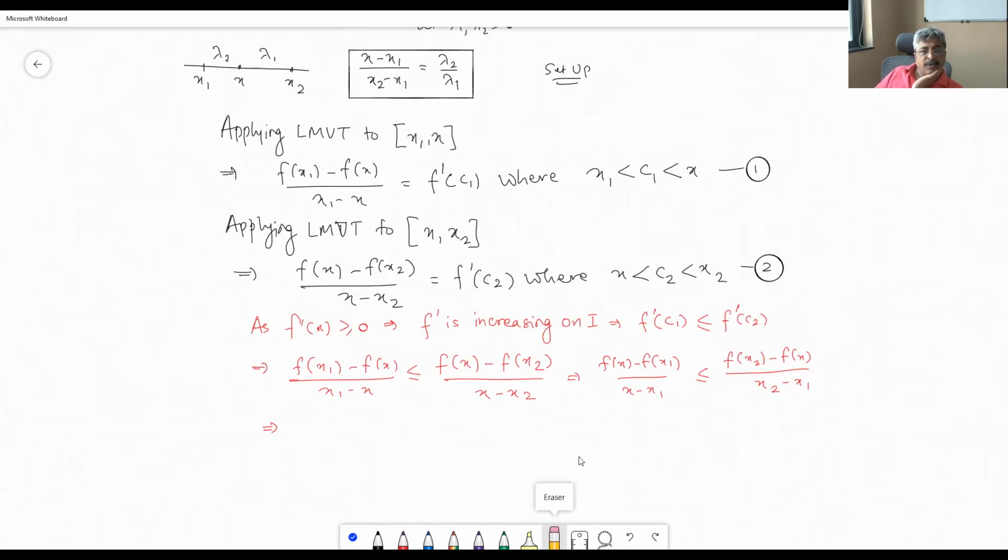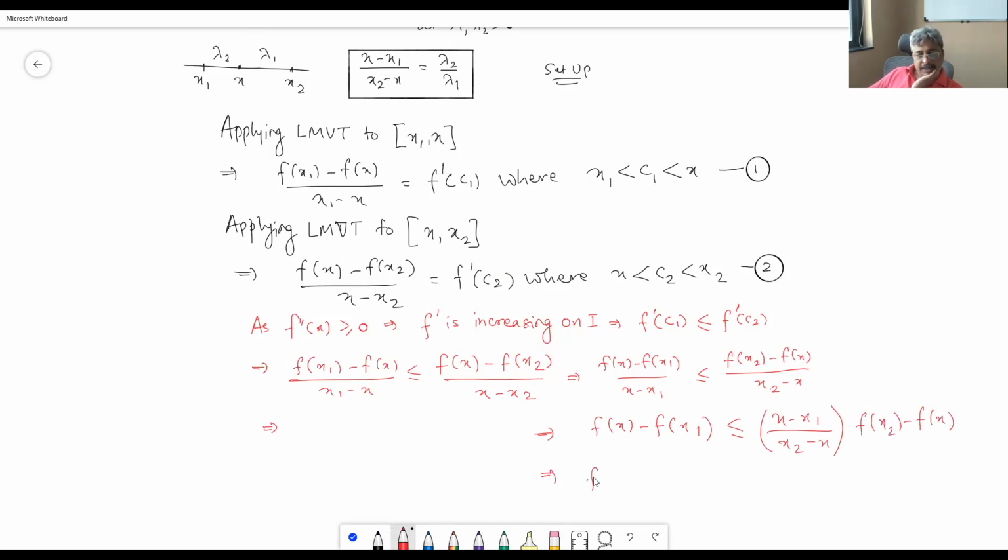x minus x1 upon x2 minus x, and therefore this implies f of x minus f of x1 is less than or equal to x minus x1 upon x2 minus x times f of x2 minus f of x.